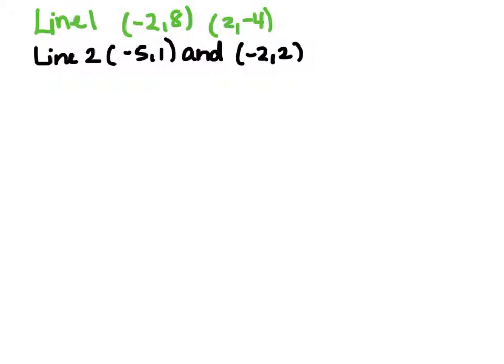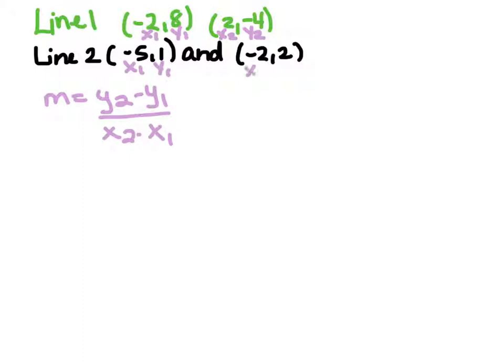So we want to determine if these lines are parallel, perpendicular, or neither. So remember that the equation for slope is y sub 2 minus y sub 1 over x sub 2 minus x sub 1. The first number in the ordered pairs, we have x sub 1, y sub 1, x sub 2, y sub 2. Same thing down here, x sub 1, y sub 1, x sub 2, y sub 2.